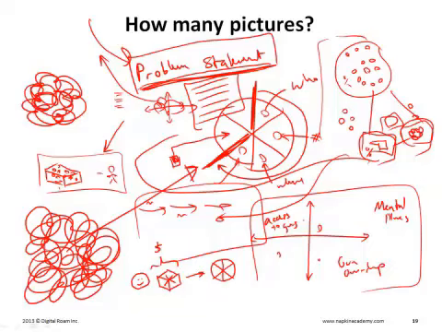I don't have enough money. The first picture I would then draw is I'd go to my How Much and I'd start drawing out charts. Well, how much money do I have or how much money do I need? So if I know the type of problem, if I have my problem statement, I know exactly which picture to start drawing.